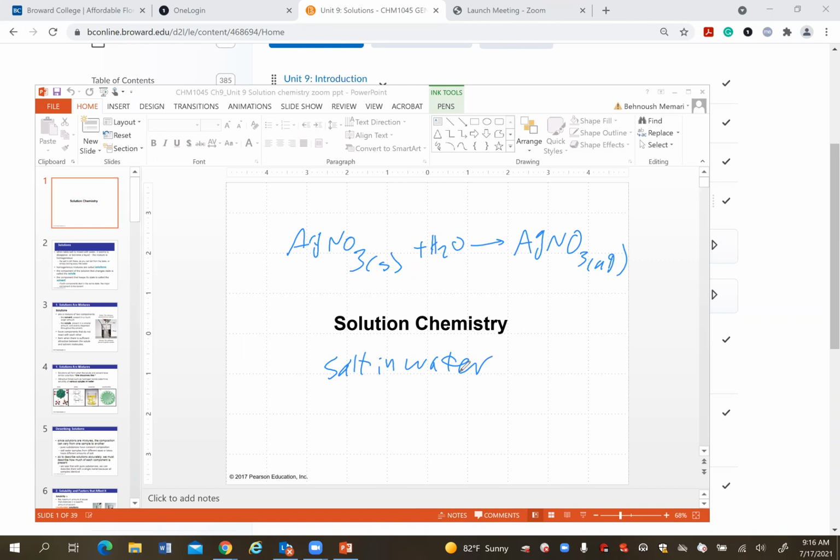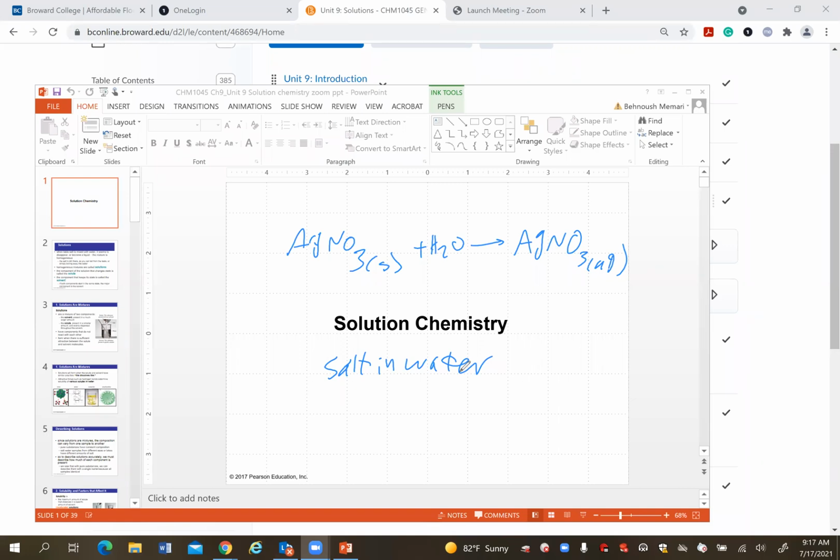What's the definition for solution? An ionic compound suspended in water or an alcohol? Well, it doesn't always have to be ionic. It could be a molecular compound or ionic. It could be anything that can dissolve in water, or a solution doesn't have to be in water.